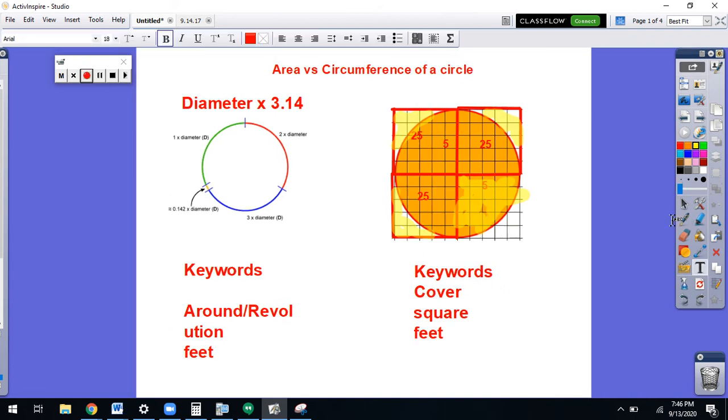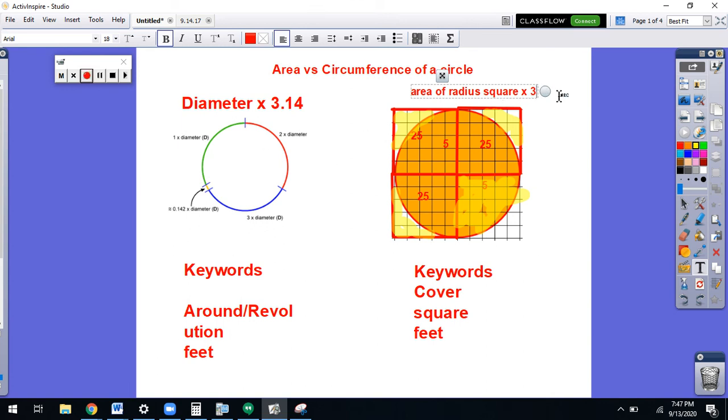So once we cut these off and fill this in, it only takes 3 radius squares. So to find the area, you do the area of the radius square times 3, because there are 3 of them. 1, 2, 3.